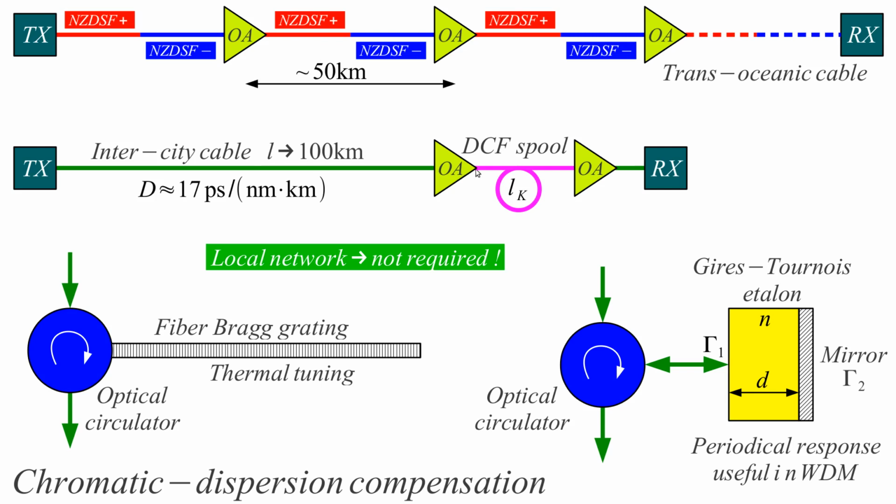But now we have the signal level, we have good signal to noise ratio, but the signal is distorted. We use a spool of dispersion compensating fiber, installed in the rack. This has several kilometers of fiber, but it is just a box, say 15 centimeters aside, containing a spool of fiber. And since this fiber has quite some loss, we need another optical amplifier before we get to the receiver.